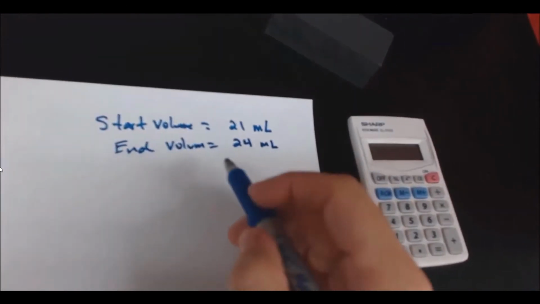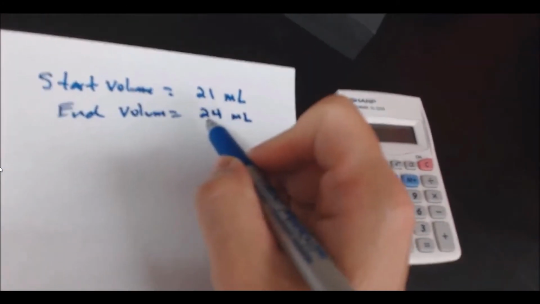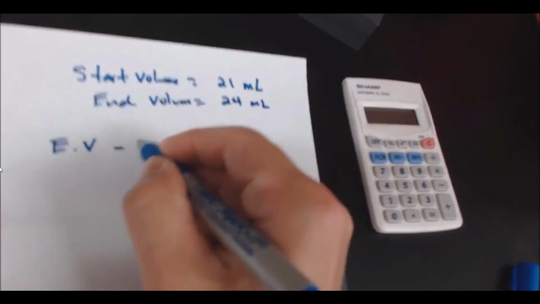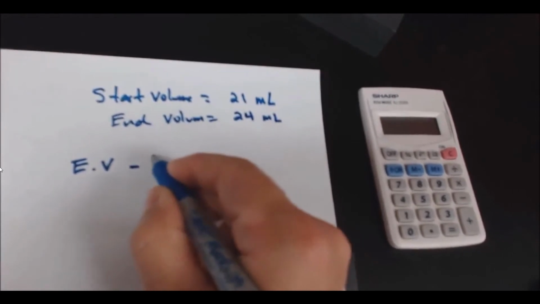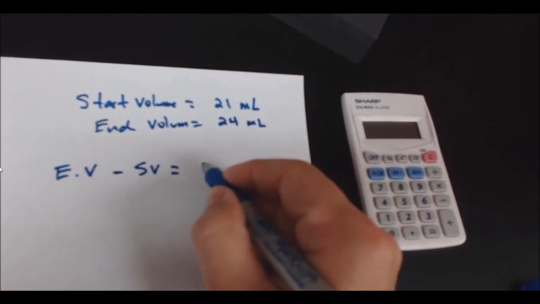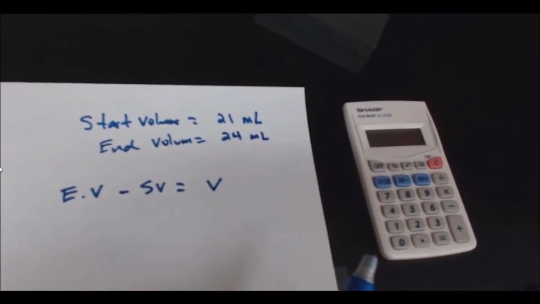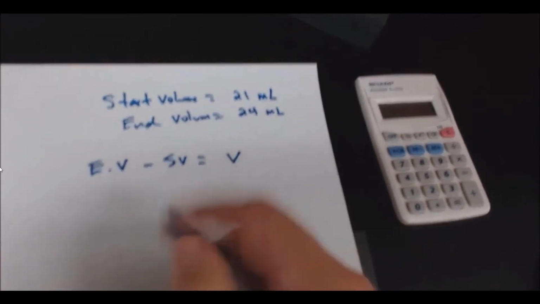How do I know that it displaced 3 milliliters of water? Well, if I take my end volume, which we're going to call EV, minus my start volume, which I'm going to call SV, that equals the volume of whatever object I put in the water. In this case, the object I put in there was a rock.